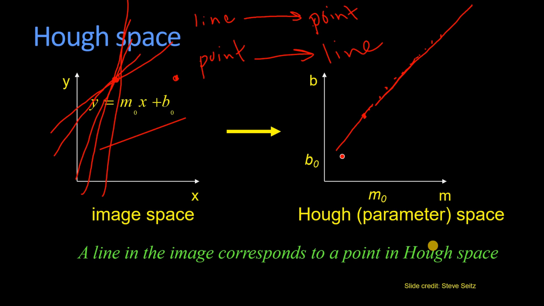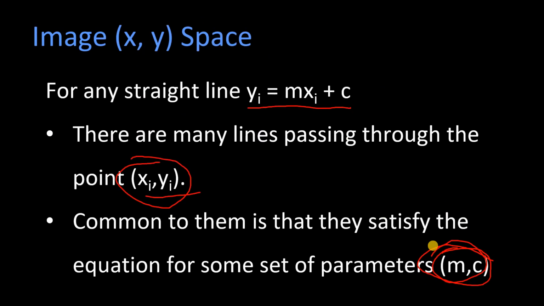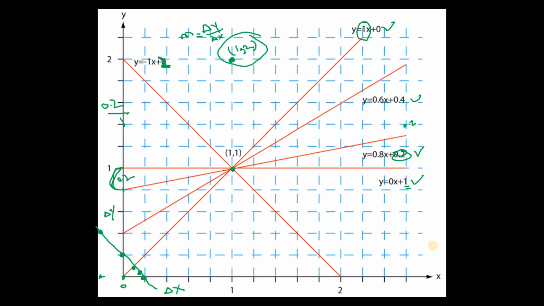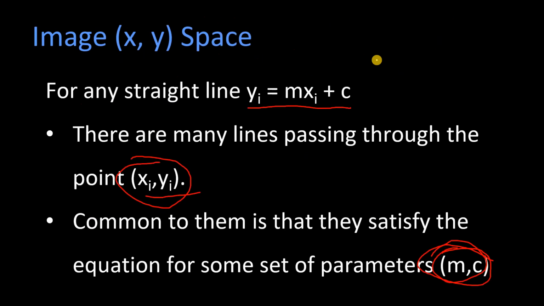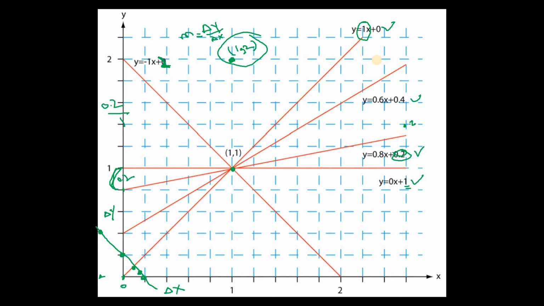So this is the theory we saw. It all starts with the image space and the Hough space. Remember what we discussed is that a line in the image space is a point in the Hough space, and a point in the image space is a line in the Hough space.